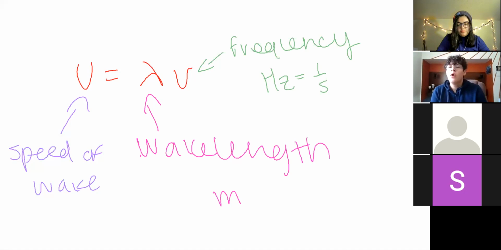Okay. So for this specific formula, you can only use it when you're working with non-electromagnetic waves, also known as mechanical waves. Examples of mechanical waves can be like sound or water waves. So you could use this formula for sound, right?